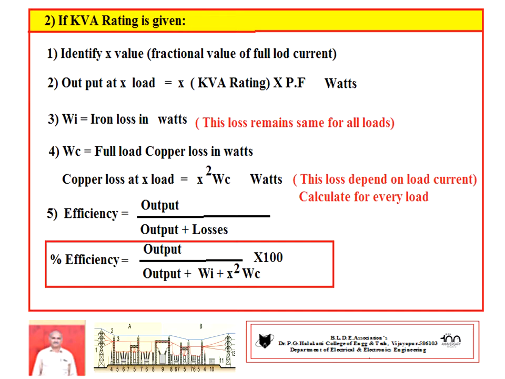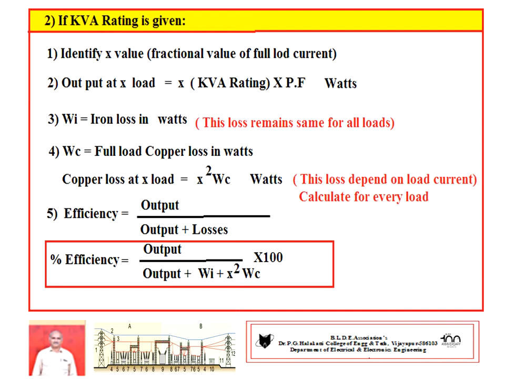So this becomes in watts, or you can keep it in kilowatts. Let Wi be the iron loss, it should be in watts or in kilowatts depending upon your units. This loss remains constant, please all of you keep in mind, iron loss is always constant for any load.